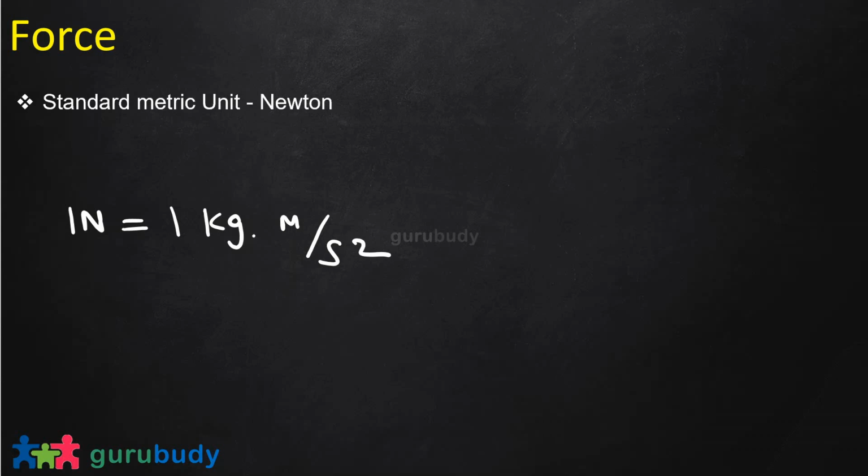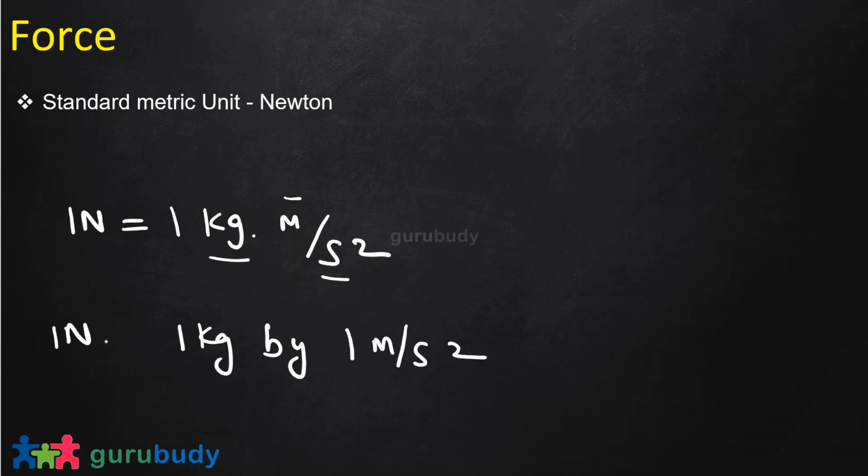Okay, so this is just to convert the Newton into something we already know. We know about kilograms, we know about meter, we know about second, right? So 1 Newton is equivalent to 1 kilogram meter per second square. You may also think of 1 Newton as the amount of force required to move an object of 1 kilogram by acceleration of 1 meter per second square.